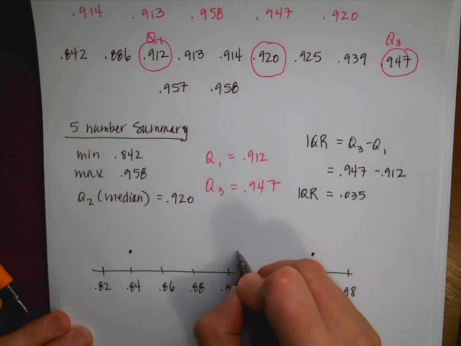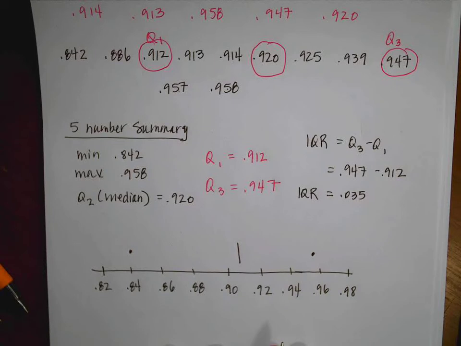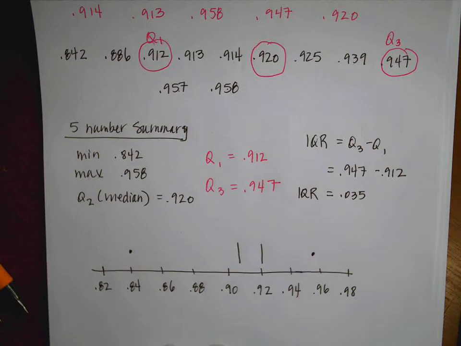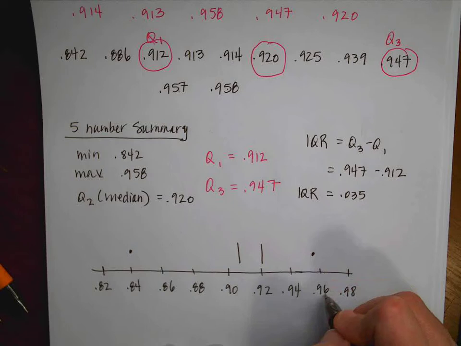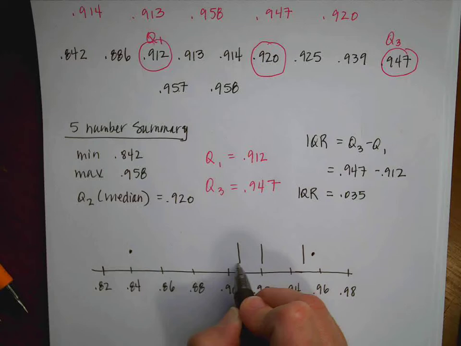Okay. My first quartile was at 0.912, so I'm going to draw a line right there. And then I guess I should have moved it over a little bit, but you get the general idea. My Q2 was at 0.92, so right here. And then my Q3 was at 0.947, so over here.